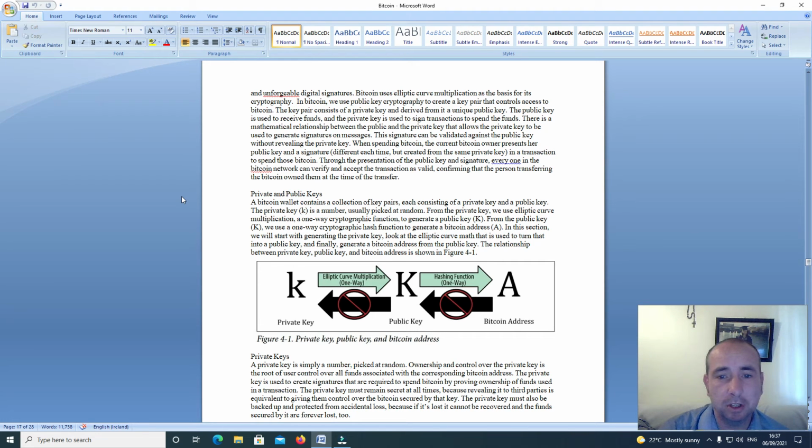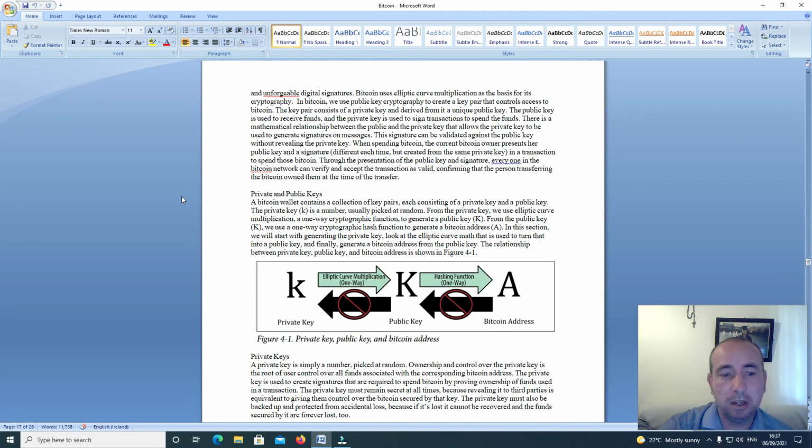Bitcoin uses elliptic curve multiplication as the basis for its cryptography. In Bitcoin, we use public key cryptography to create a key pair that controls access to Bitcoin. The key pair consists of a private key and a unique public key derived from it.